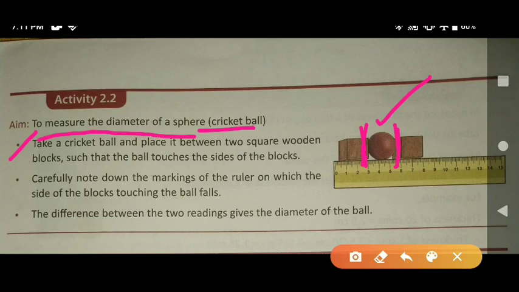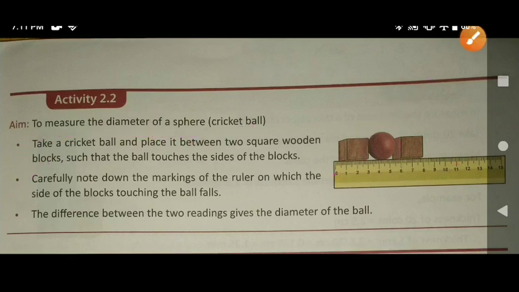Carefully note down the reading of the ruler at which the sides of the blocks touch the ball. The difference between the two readings gives the diameter of the ball.